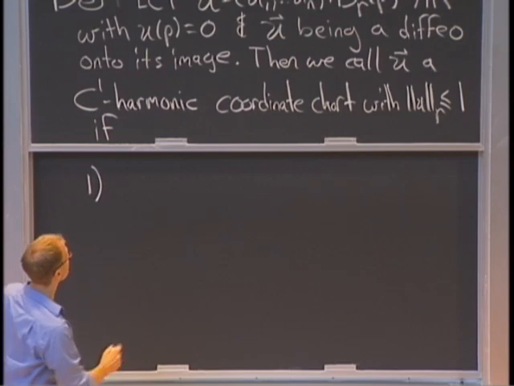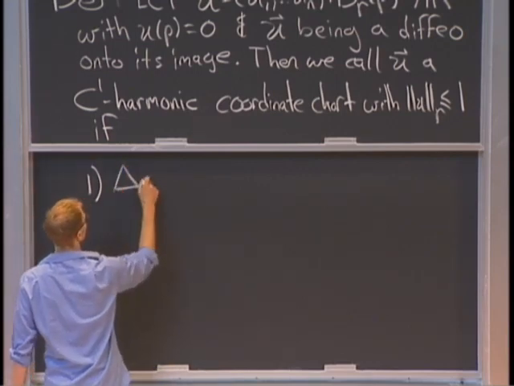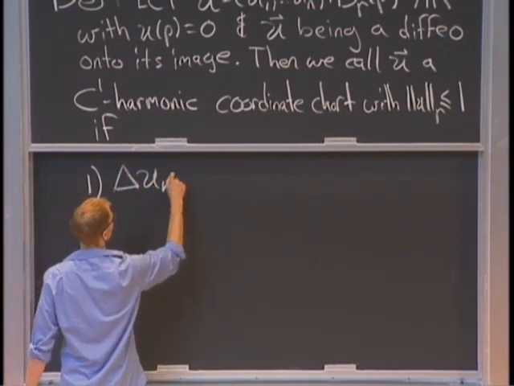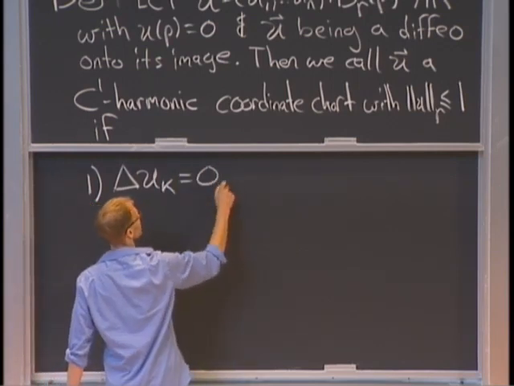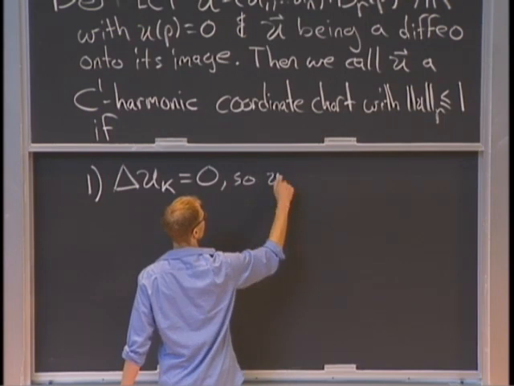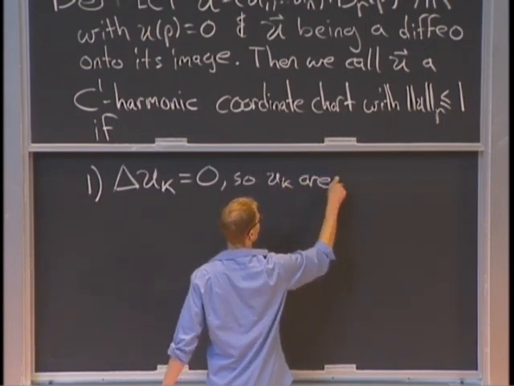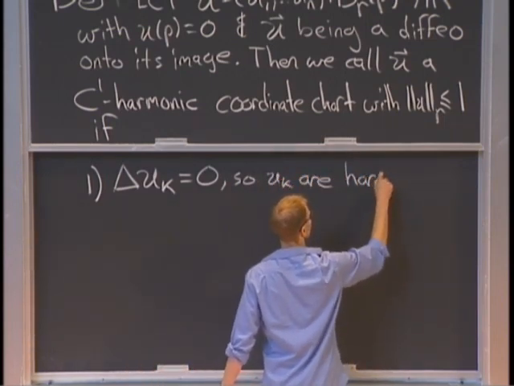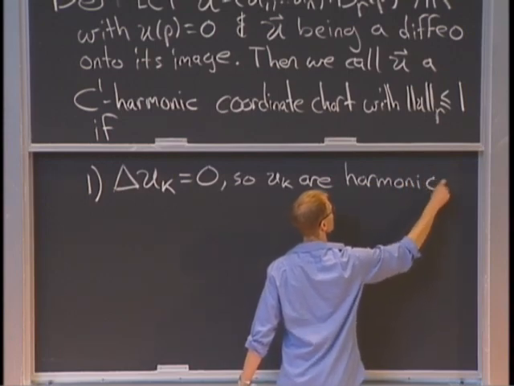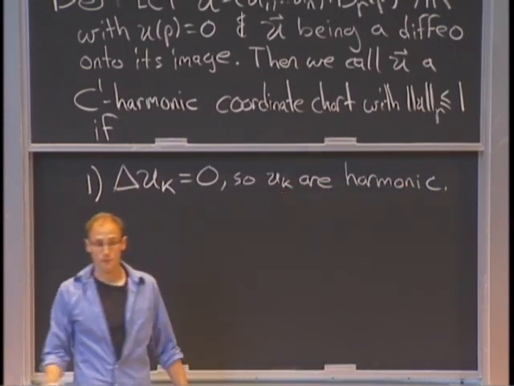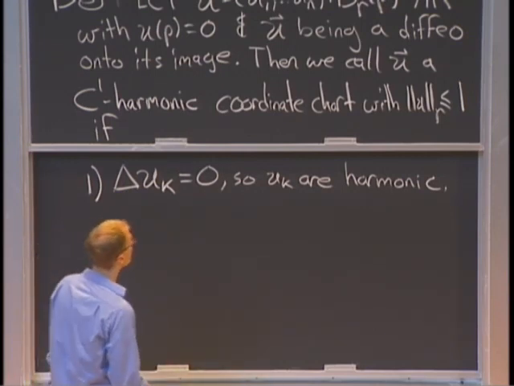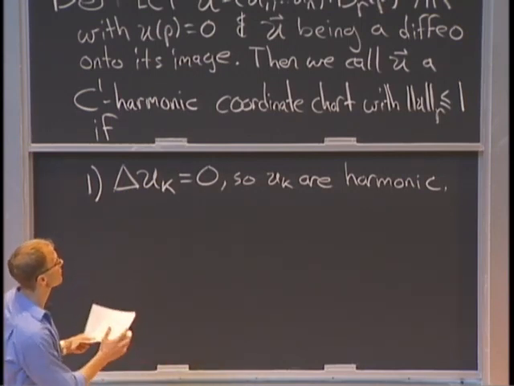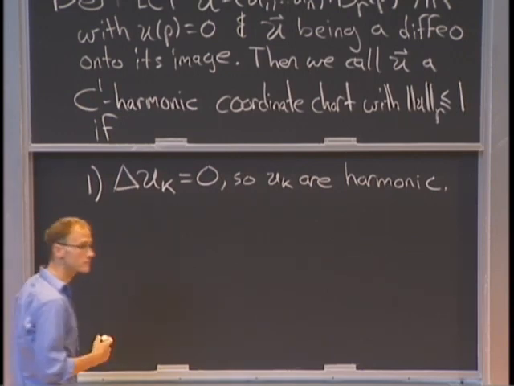The first condition: the Laplacian of each of these functions uk is 0. So the uk are harmonic, hence the term harmonic coordinate system. It's a diffeomorphism generated by harmonic functions. Said otherwise, the mapping from the ball of radius r into Rn is a harmonic mapping.